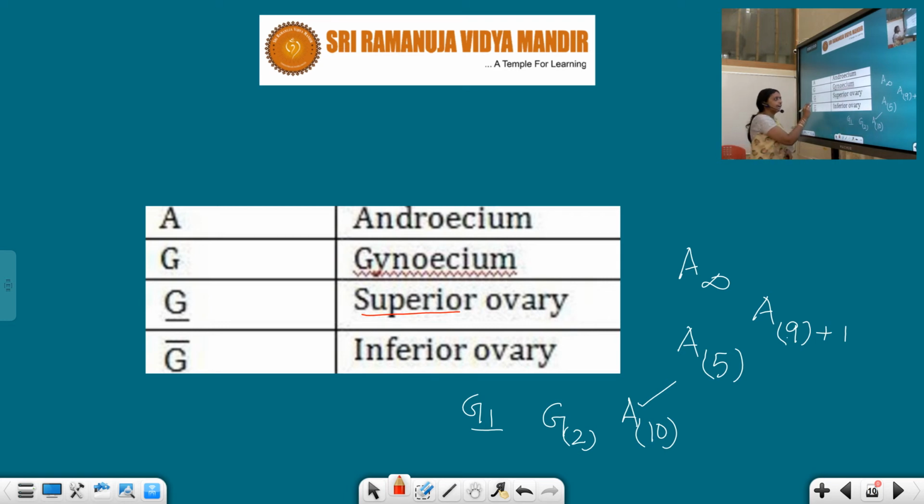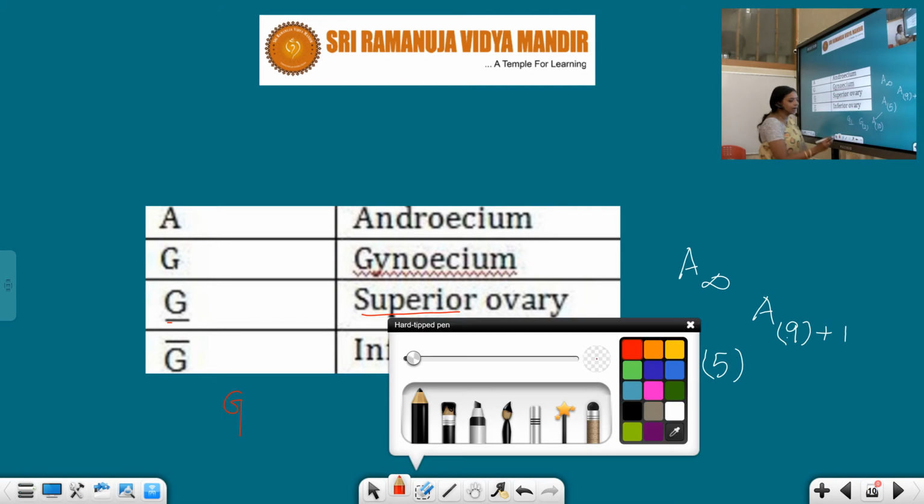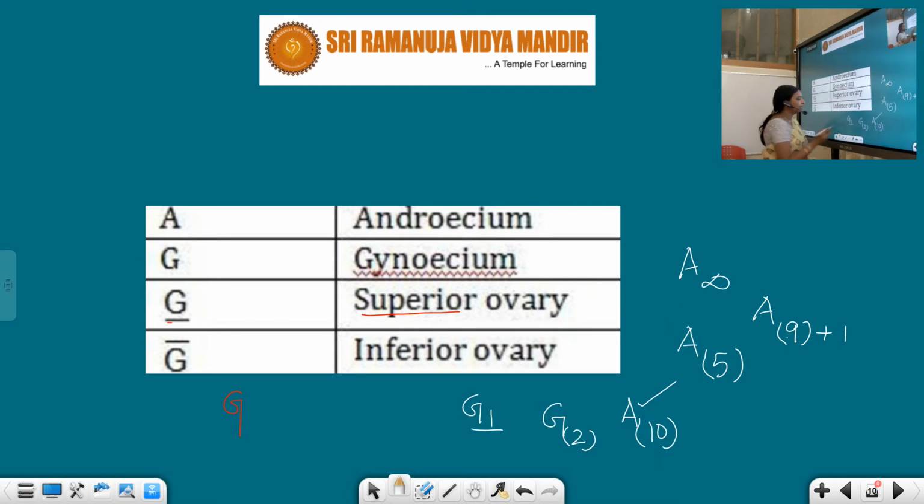If a bar or a dash or a line is below the G, capital G for gynoecium, that means the ovary position is superior, the G position is above this bar. So this is the symbol for superior ovary.